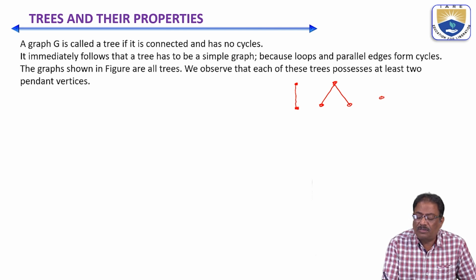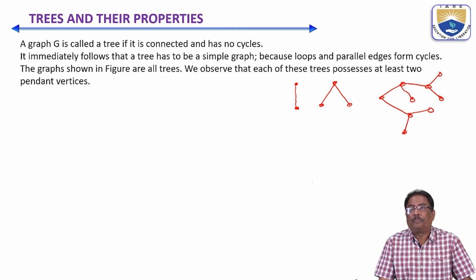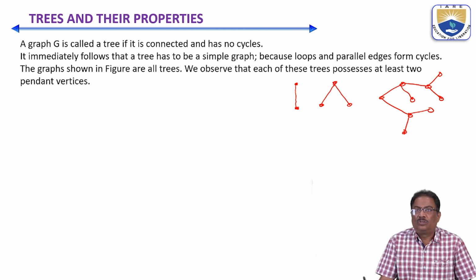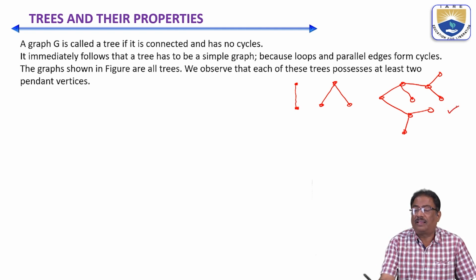Or if you consider another graph, let us say this one, this graph is also not having any cycles. So all these three graphs are known as trees.